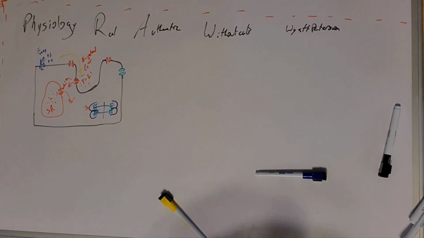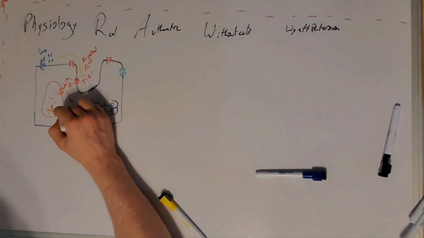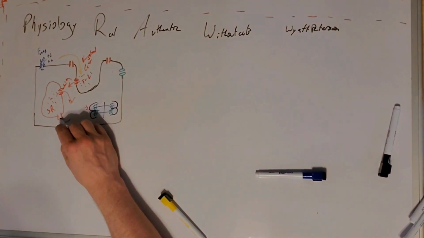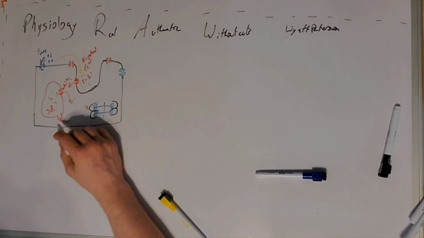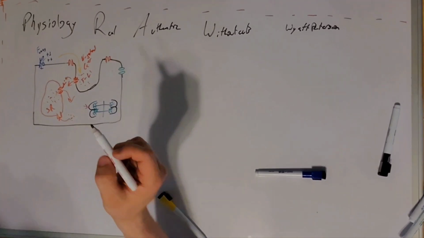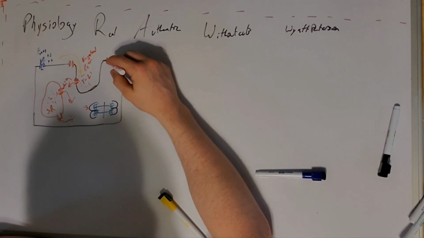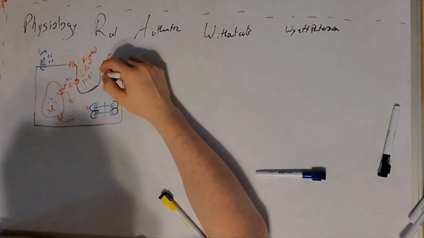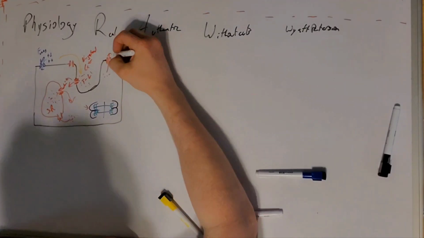And so when the signal is given, there is a calcium pump back into the sarcoplasmic reticulum, SR, right here. And then there's also a pump right here that will pump out the calcium in exchange for sodiums.